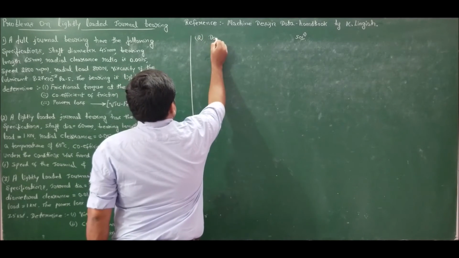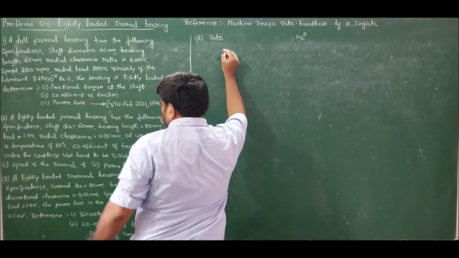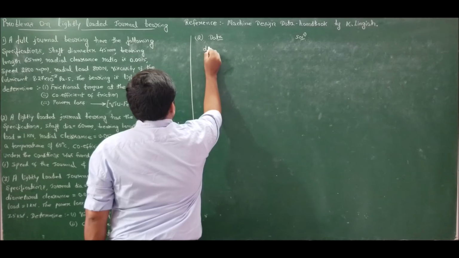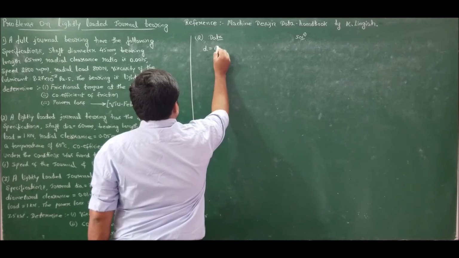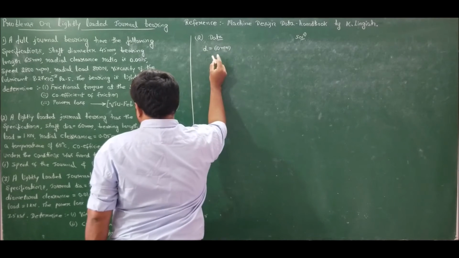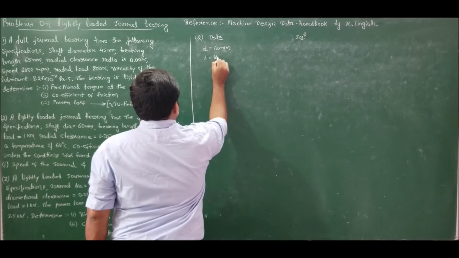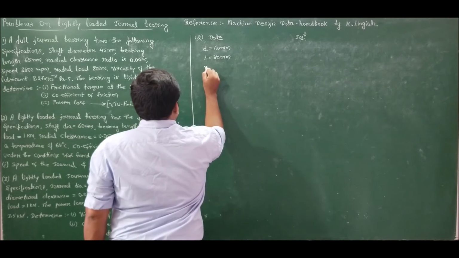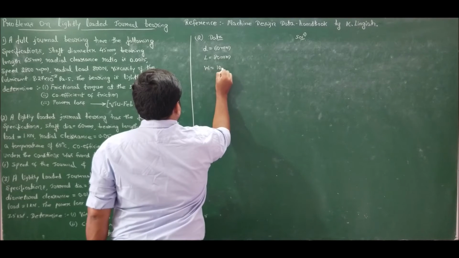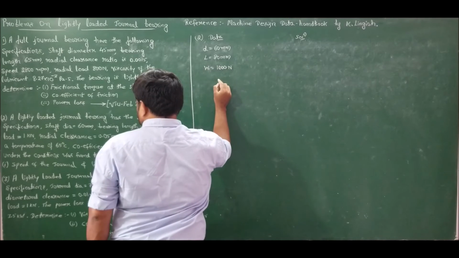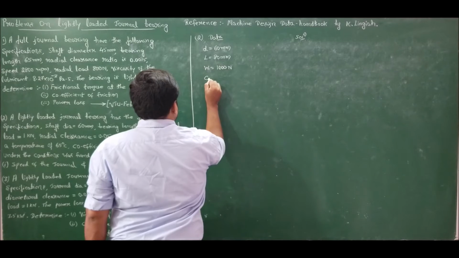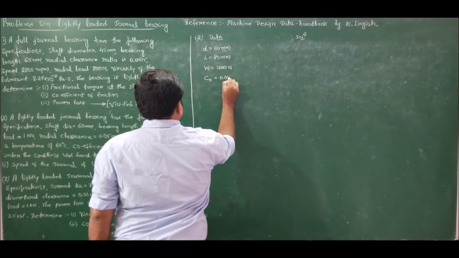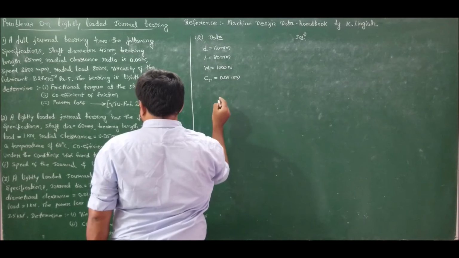If I list out the data given in problem number 2, we have a lightly loaded journal bearing with journal diameter of 60 mm, bearing length is 80 mm, radial load W is 1 kN, that is 1000 newtons, radial clearance, it is not clearance ratio, it is just clearance, that is 0.05 mm.